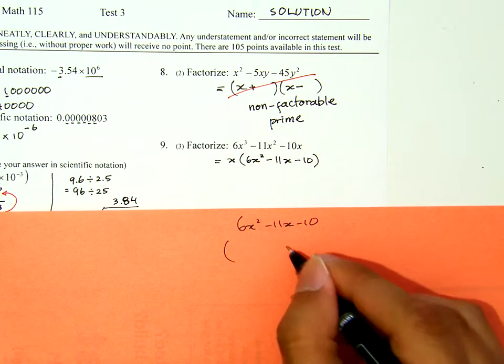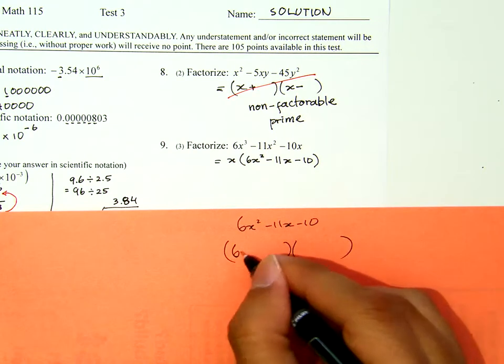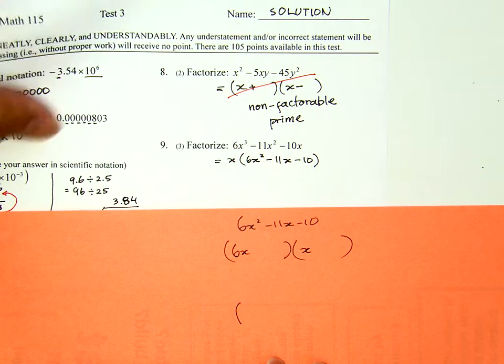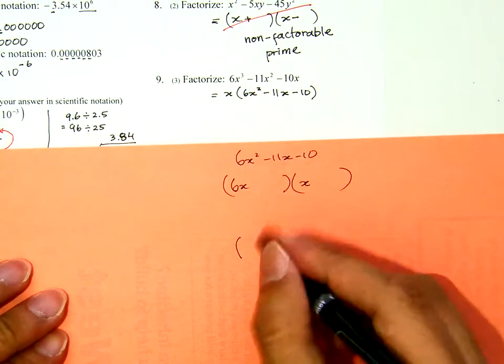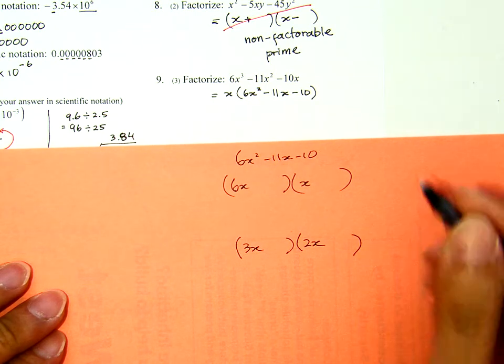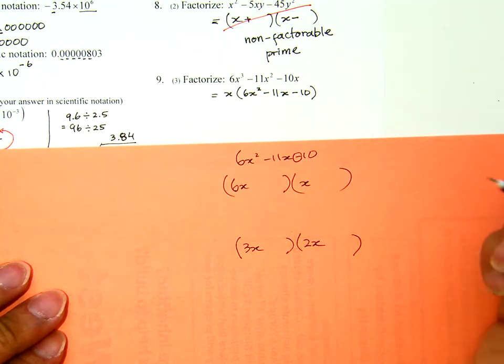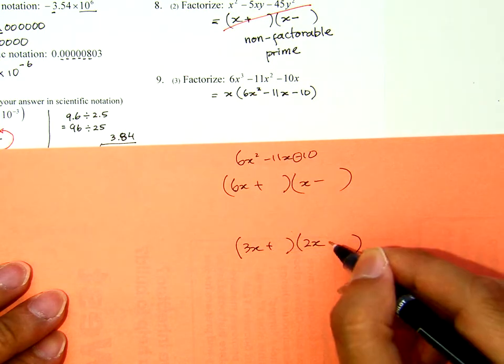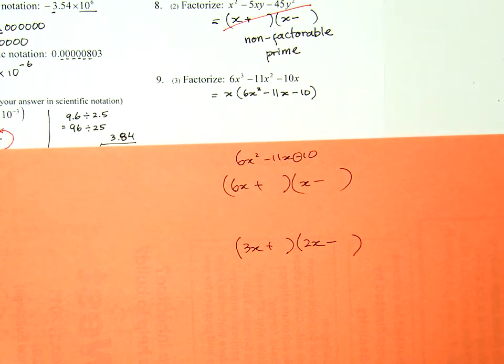There are two possibilities for the 6x squared, either 6x and x, or 3x and 2x. And because the second sign is negative, the signs here will be different. Let me put plus minus for a while, temporarily.